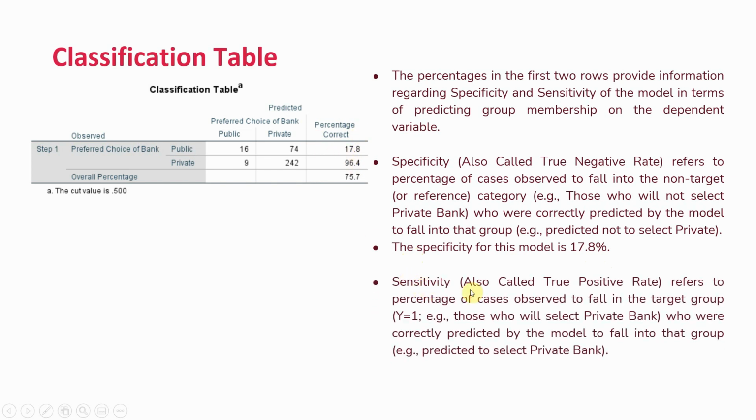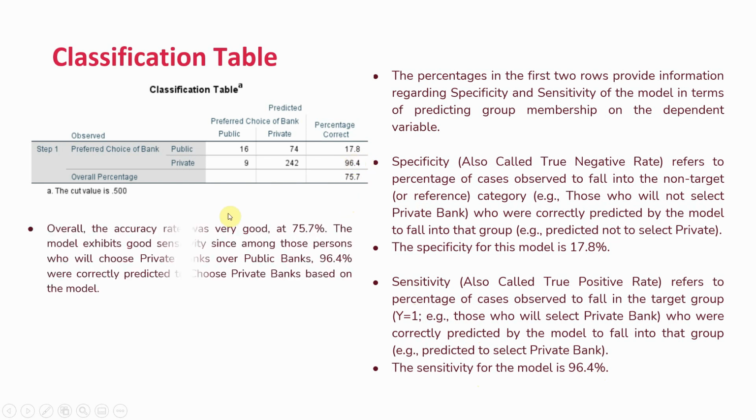Whereas sensitivity, also called the true positive rate, refers to the percentage of cases observed to fall in the target group, those who will select the private bank, who were correctly predicted. So your correct prediction for private banks is over 95%. The sensitivity is 96.4% here. It is good enough, very good.